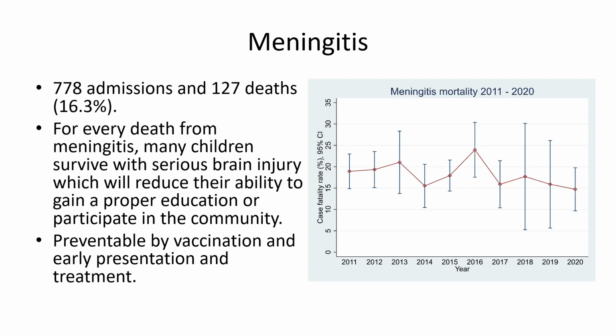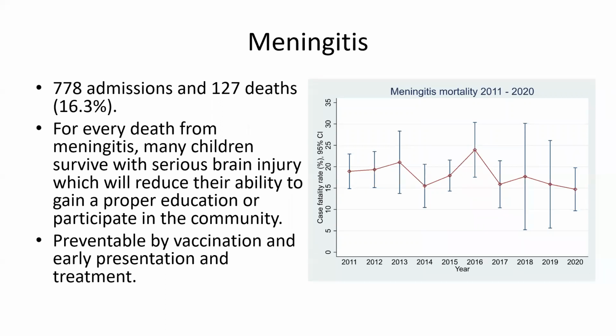You'll notice that the case fatality rate for meningitis really hasn't changed that much in all the time we've been monitoring data. I don't expect it to change that much. What I expect is that the number of cases will decrease, and that's been the case.